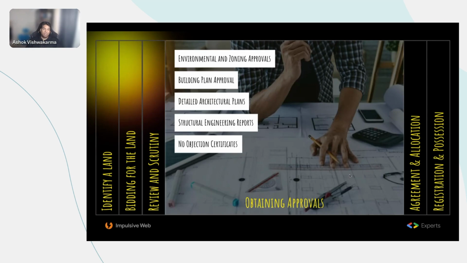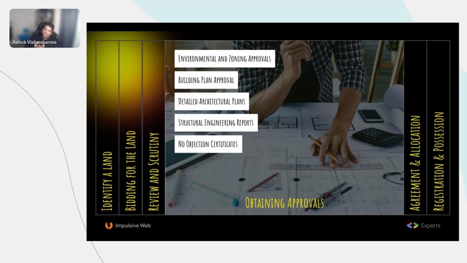You need an agency that can approve the building plan you are planning, and you also have to create a very detailed architecture plan which shows how your structural integrity is going to be, and how you are planning to make sure water and electricity are distributed. All those detailed building plans need to be added, along with structural engineering and other things. You also need to obtain a no objection certificate.